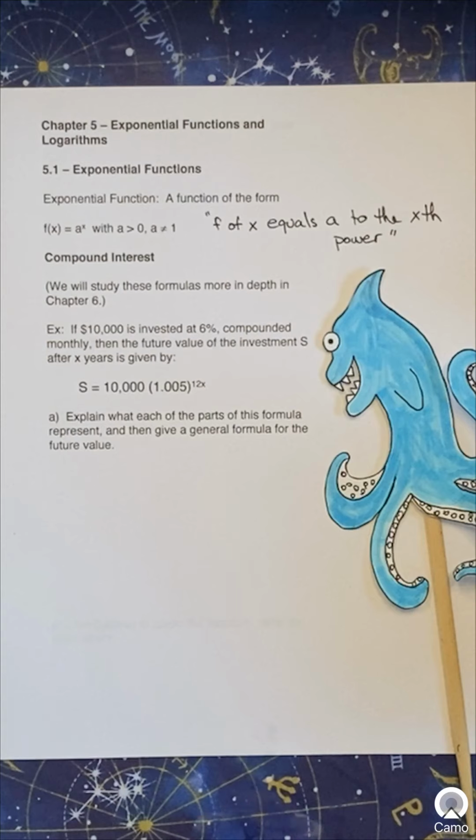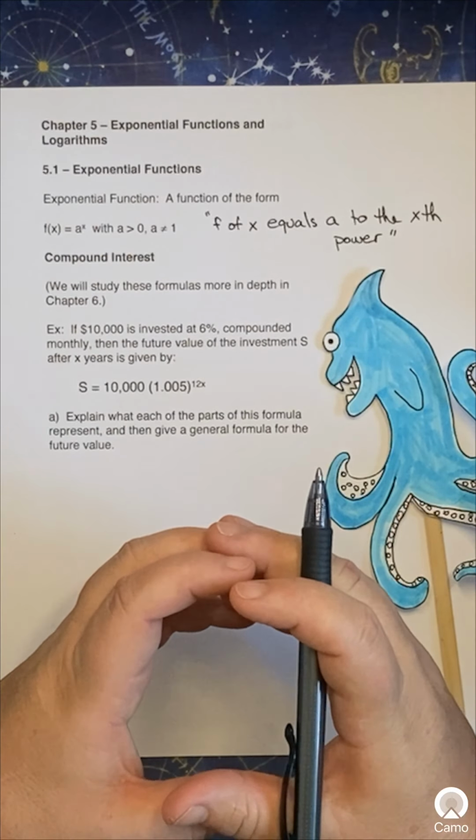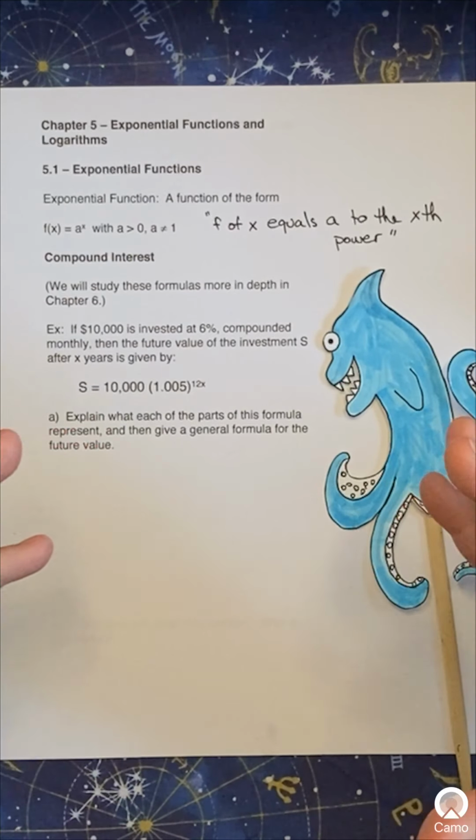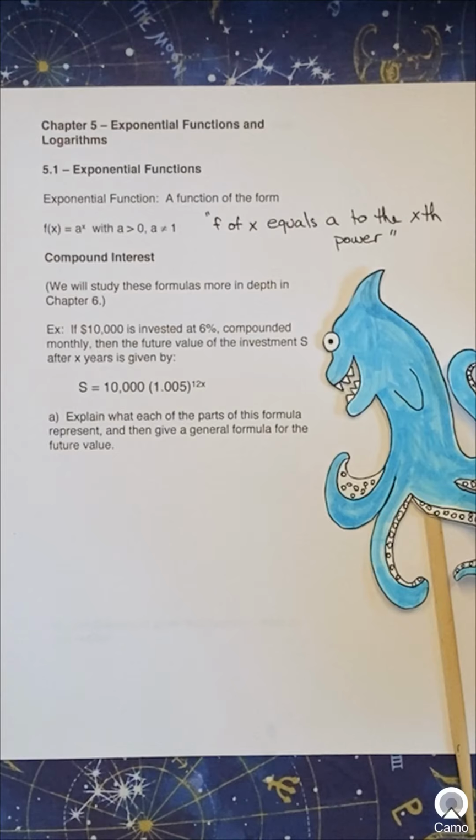And specifically, we're going to use these to model interest. Interest is what happens when you have a small amount of money and then it grows over time magically. How does it magically grow?